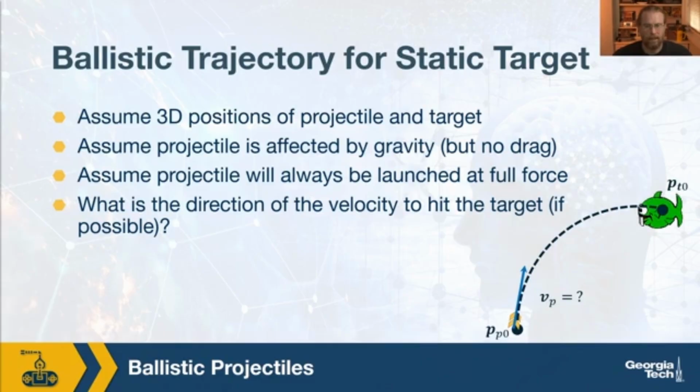There's not going to be any attenuation of the amount of force applied. So that's going to simplify things a bit for us. And so really all we're solving for is the direction of the velocity, because we already know how much we're scaling by, that being the maximum speed at which the projectile is going to be launched.